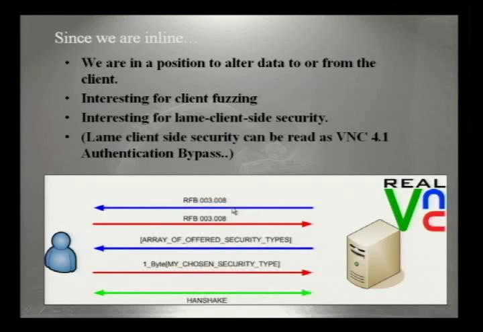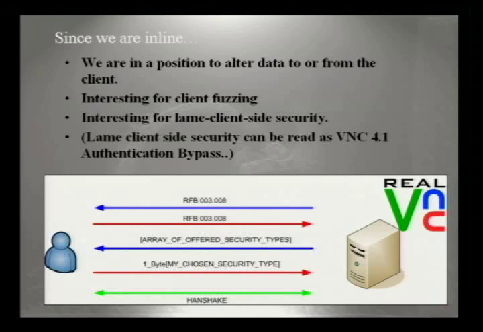The client and server decide that they're both speaking remote frame buffer, whatever version. Then the server sends the client an array saying, I'll happily talk to you with authentication type 1, which is password, or 2, which is certificate, or whatever. And the client then sends back, that's cool, I'll talk to you with authentication type 1, which is password.